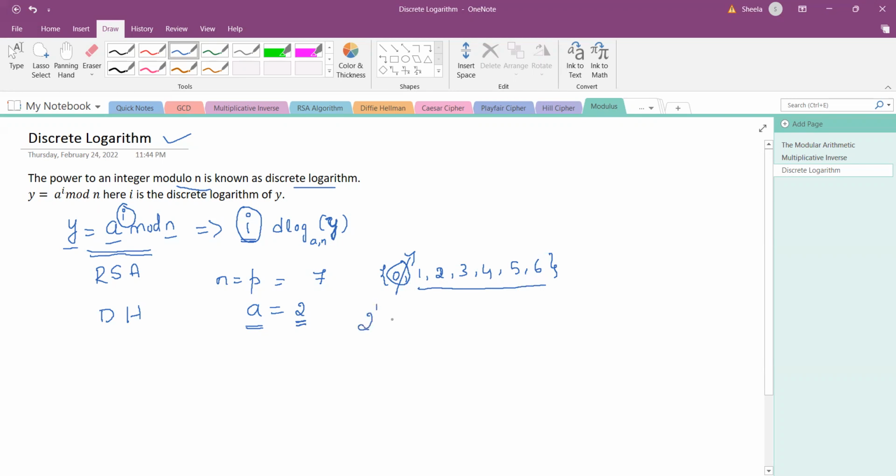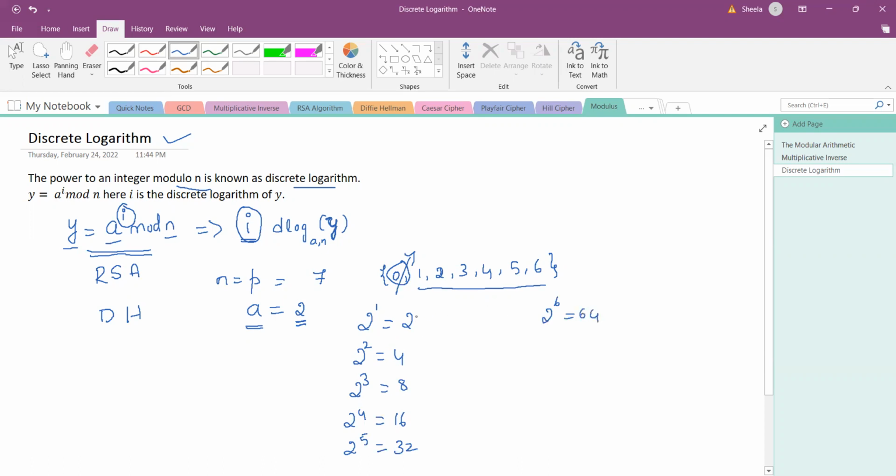2 to the power of 1 is 2, 2 square is 4, 2 cube is 8, 2 raised to 4 is 16, 2 raised to 5 is 32, and 2 raised to 6 is 64.